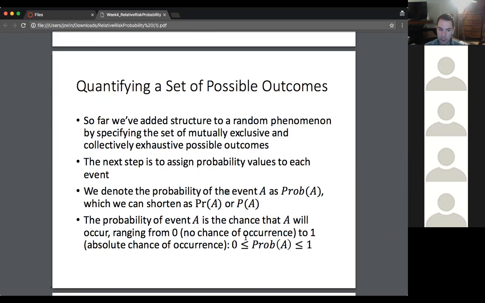A 0 will be a 0% chance that the event will occur. And you could have any number in between that will represent the probability. So you could have 0.5, which is a 50% chance of the event occurring. A coin toss is an example of a 50% probability event. If you flip a coin, it's a 50-50 chance that you'll get heads or tails.